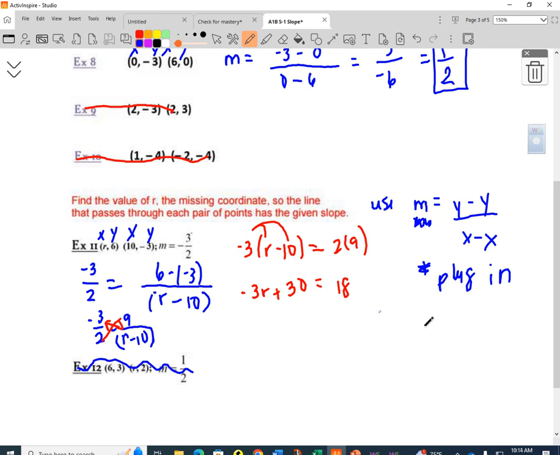Now we can read this out loud. It's negative 3 times r. We're undoing multiplying by negative 3, and plus 30. So we're undoing, add 30. We're going to undo the adding first.